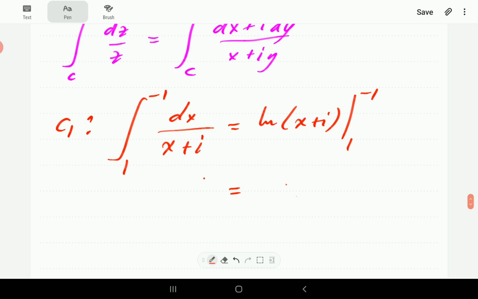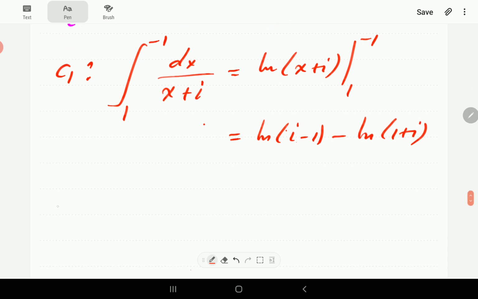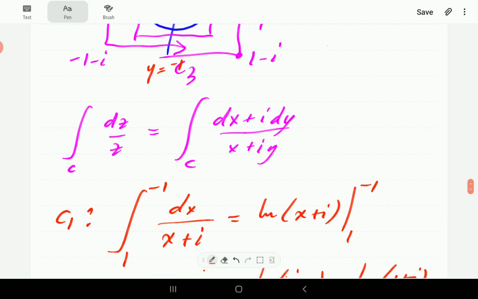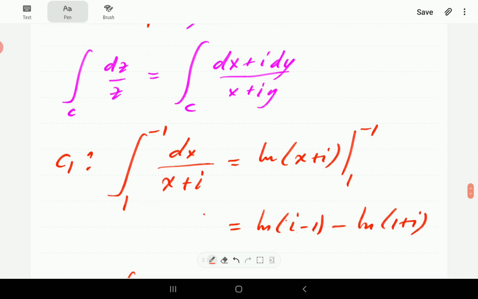If we plug in negative 1, it's going to be ln of i minus 1 minus ln of 1 plus i. Okay, just going to leave it there for C1. For C2, x is negative 1, so dx is going to be 0, so this term is going to be 0 here.